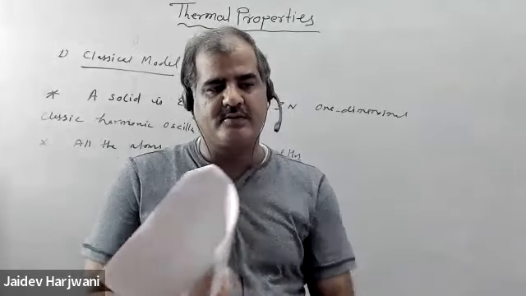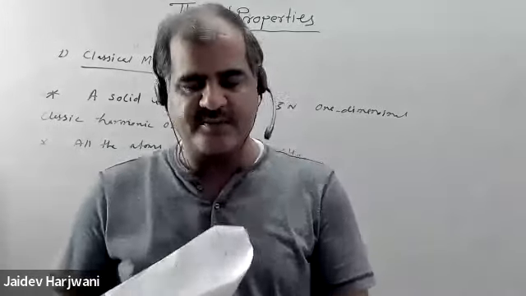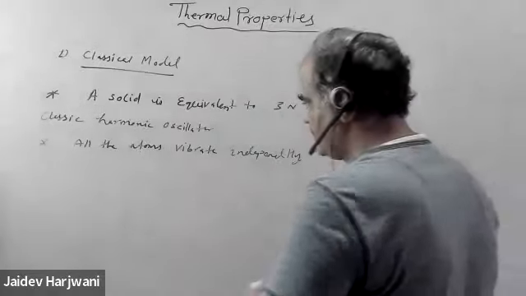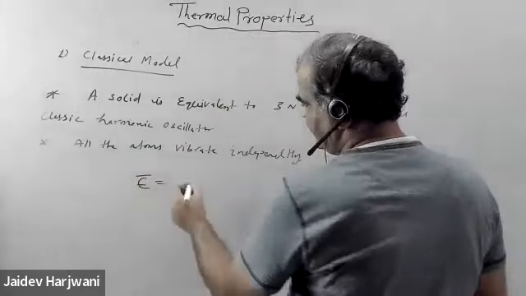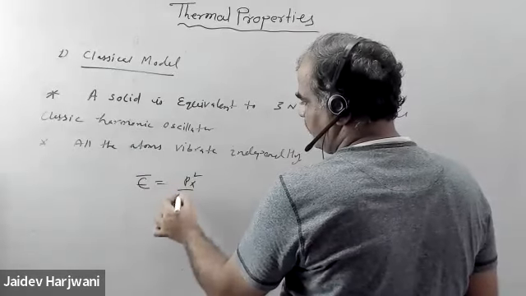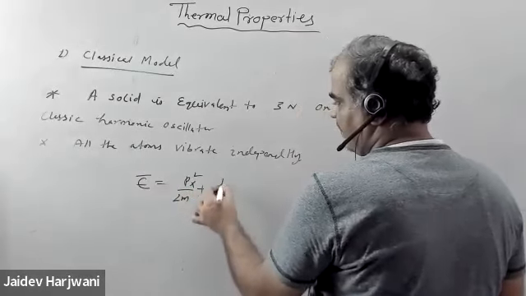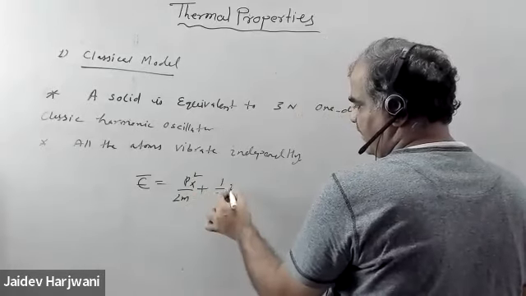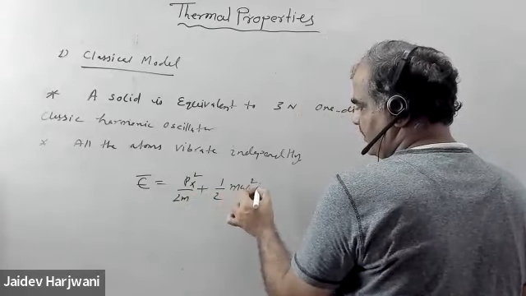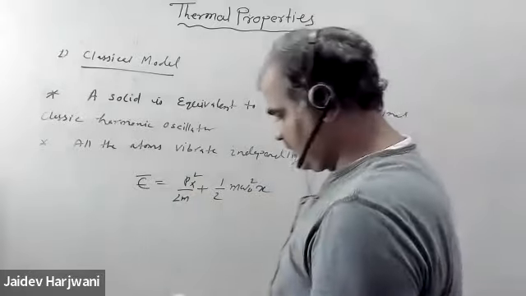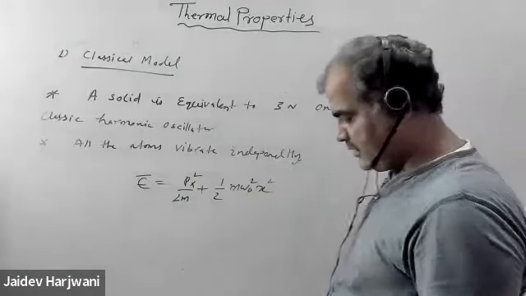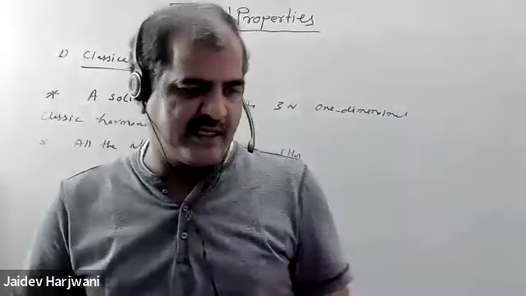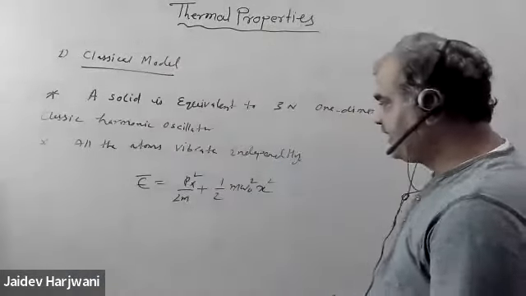So what is the expression of energy of a harmonic oscillator? Average energy of one harmonic oscillator will be px square by 2m plus half kx square, and you can write it as half m omega naught square x square.